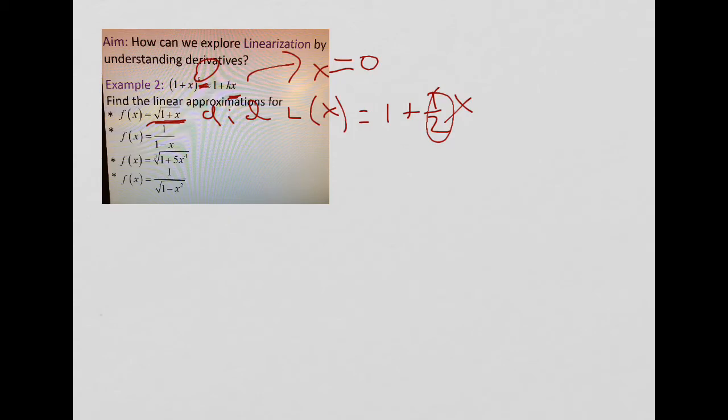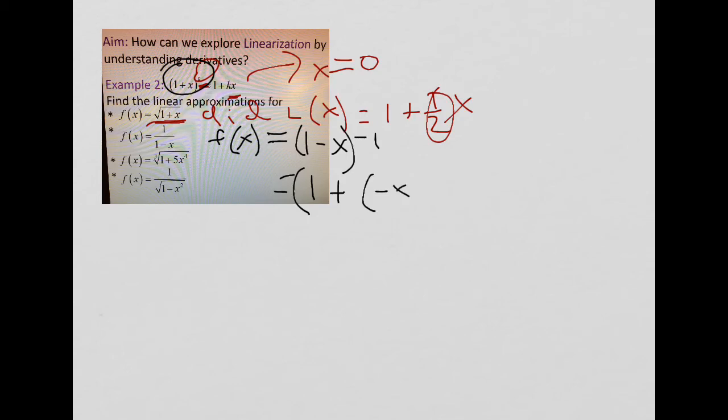So in the next one, let me use a different color to start off. f of x is the quantity 1 minus x to the negative first power. So if we need to rewrite it, we actually need to see that it's 1 plus a negative x, to the negative first power.